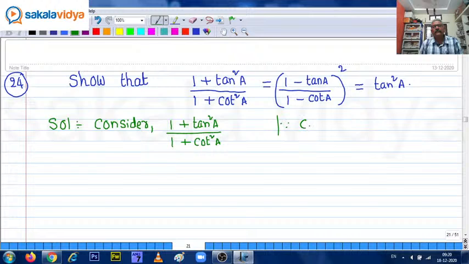That means in the place of cot A, write down 1 upon tan A and simplify. So we'll get the desired value tan square A.